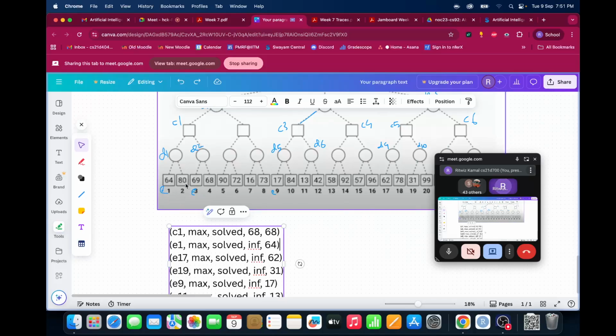E2 is also solved, because all the horizon nodes which come under C1 are also solved. So let me correct myself: E1 is solved, E2 is also solved. D1 we don't need to solve. It is understood that E2 is also solved. Yes, all horizon nodes are solved because they already have the values assigned to them.